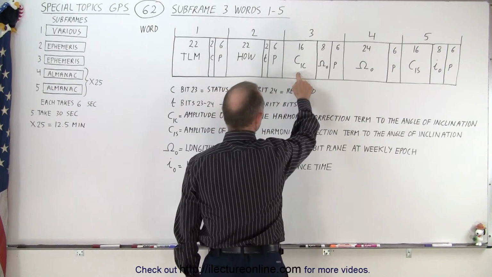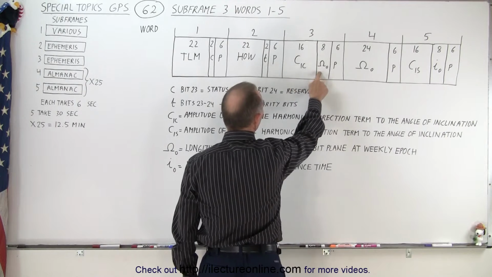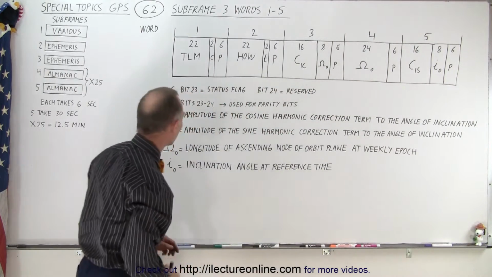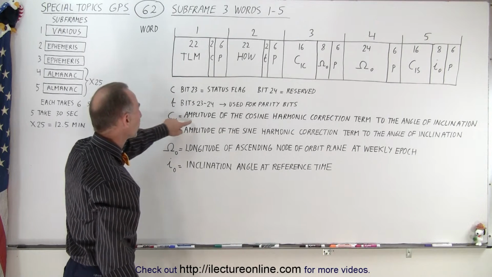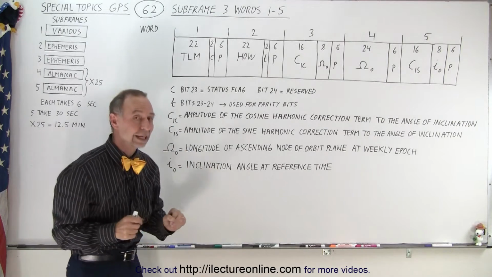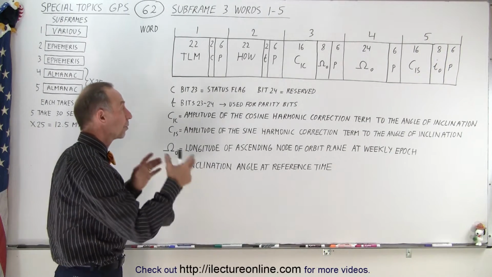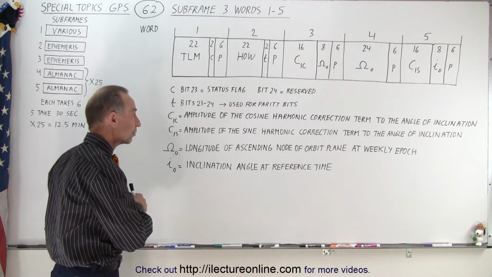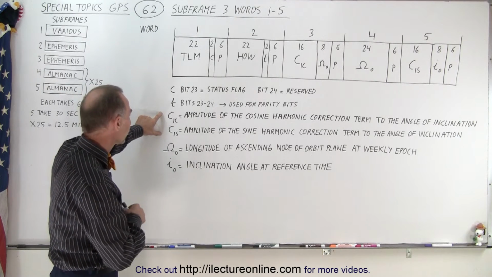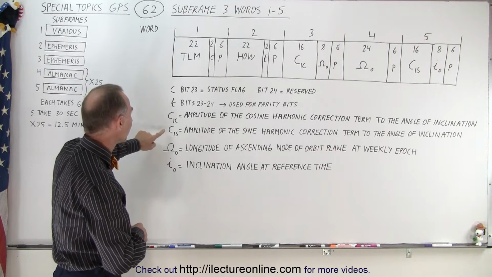In this word 3, we have CIC and part of the next variable, which is then spread over these 2 words, word 3 and 4. CIC is the amplitude of the cosine harmonic correction term to the angle of inclination. So remember, we had some correction terms already in the previous subframe. Again, we have 2 more correction amplitudes. One is the CIC, one is the CIS.